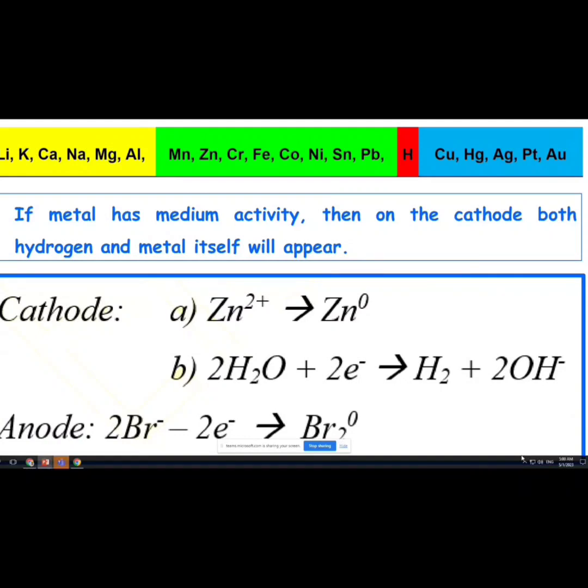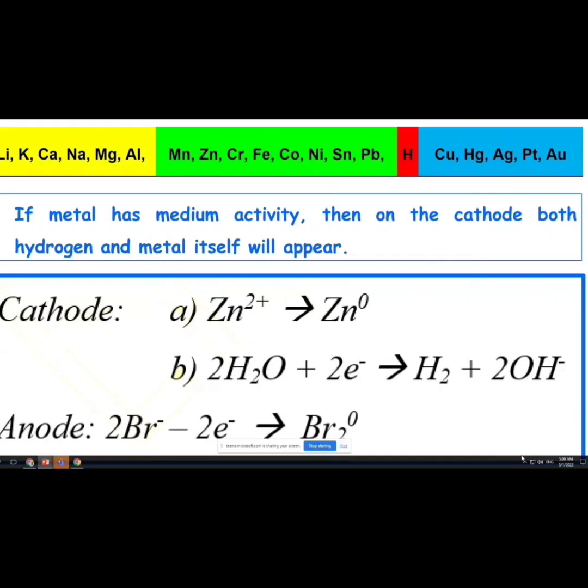This water will also come to the cathode. 2 H2O, as in the previous case, 2 water molecules will come.